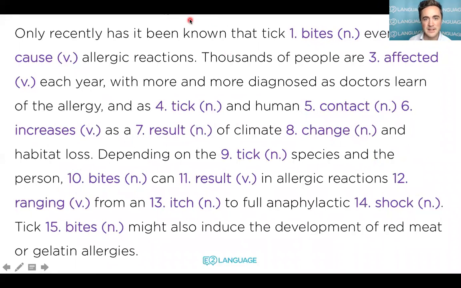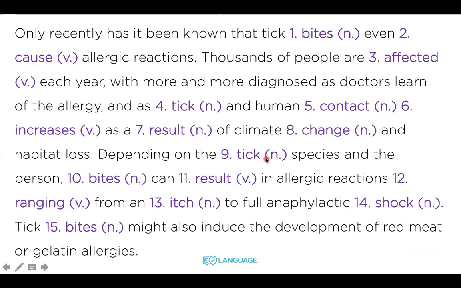So bites here is a noun. Cause is a verb. Affected is a verb. Tick here in this context is a noun. Contact is a noun. Increases, verb. As a result, noun. Change, noun. Climate change is a thing. And habitat loss.